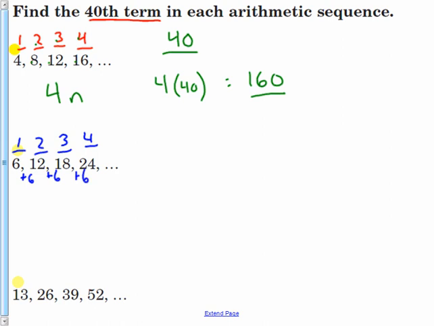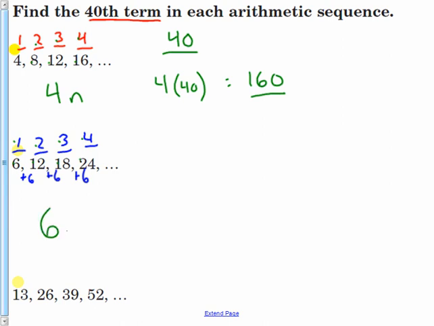6 plus 6 is 12. 12 plus 6 is 18. 18 plus 6 is 24. That's usually a pretty good indication of what you're going to be multiplying by. Let's try it. 1 times 6 is 6. 2 times 6 is 12. 3 times 6 is 18. And 4 times 6 is 24.